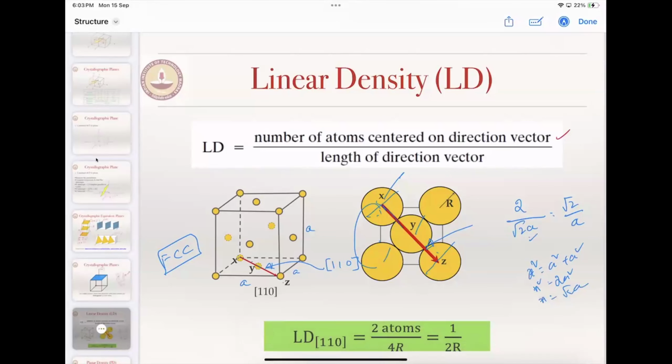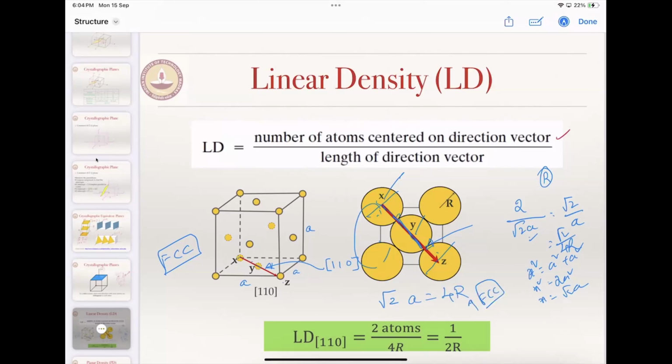But if you are writing in terms of the radius of the atom, the length is 4r, because this is 2r and that is 2r. So root 2 a is equal to 4r. And please note that this is true for an FCC crystal.